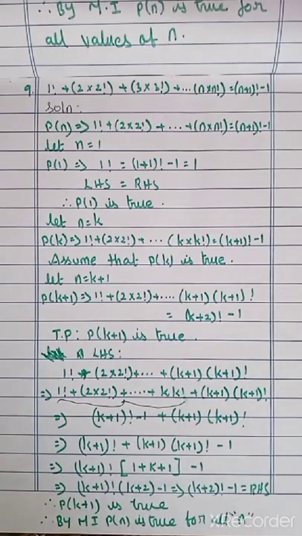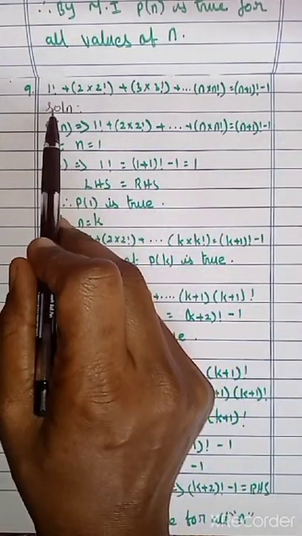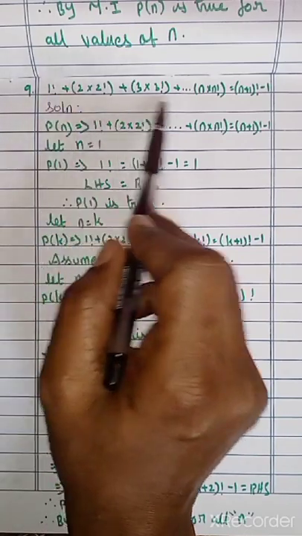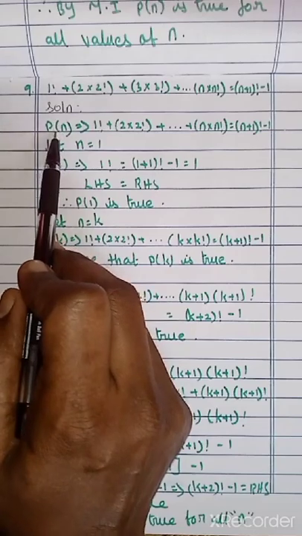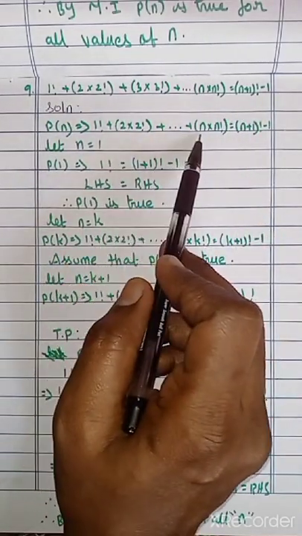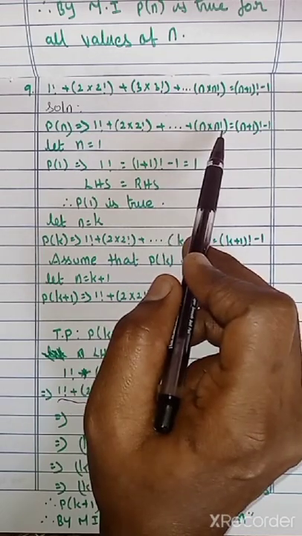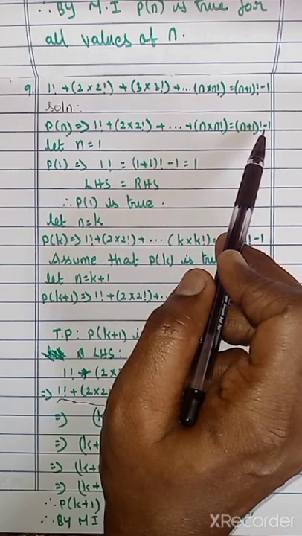Now this is what we have to prove by using mathematical induction. So what is your first step? Whatever the statement is given, we have to take it as P of n. So P of n implies the whole thing: 1 factorial plus 2 into 2 factorial etc. up to n into n factorial equals (n plus 1) factorial minus 1.